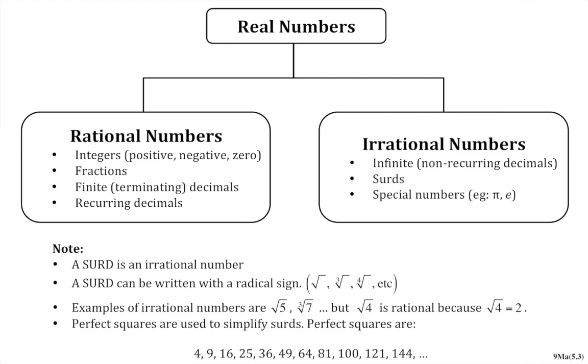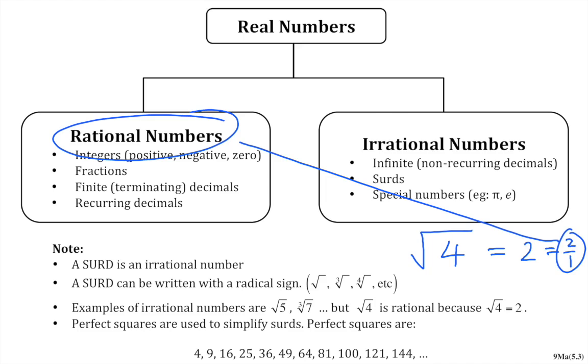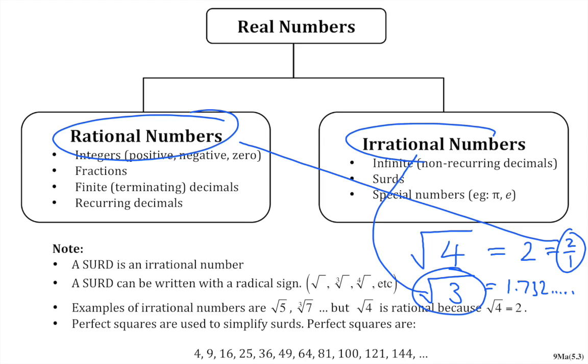Just because we have one of these signs, it doesn't make it a surd, because the square root of 4 is 2, and 2 is the same as 2 over 1, which is rational because I've just written it as a fraction. But if I tried the square root of 3, that's 1.732, and it goes on forever and ever. That can't be written as a fraction because it's a decimal that goes on forever with no pattern. So that one is irrational.